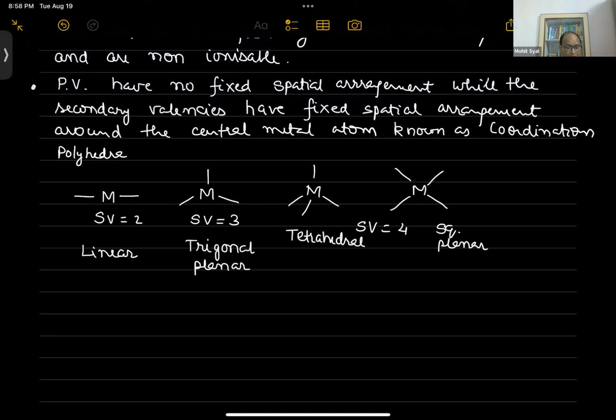So these could be the geometries or the arrangement of the coordination polyhedra. When it will be square planar, when it will be tetrahedral, that we will see. Got it? Next is suppose if you have 5 groups. Secondary valency is going to be 5.